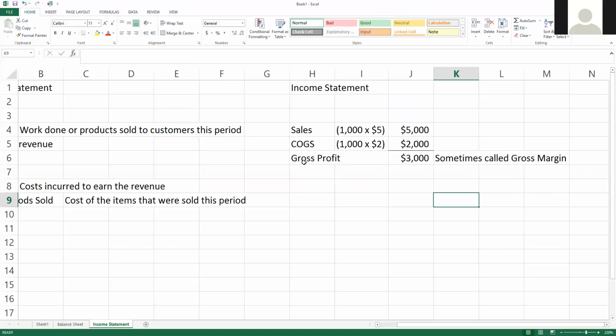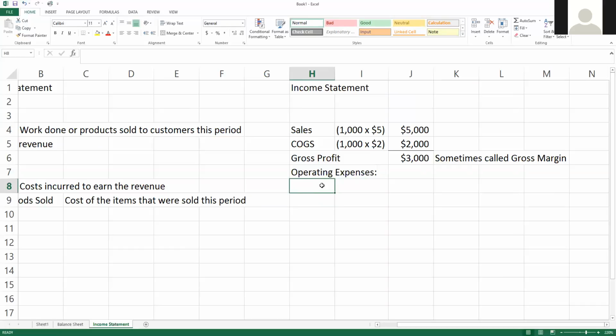But that's not the whole income statement. There are more expenses. So the next thing they do is list all the other expenses. Sometimes they break them down and show one or two expenses, then subtotal, and one or two more and subtotal. I'm going to make a more simplified one. When we look at the textbook, you'll see what I mean about the complications.